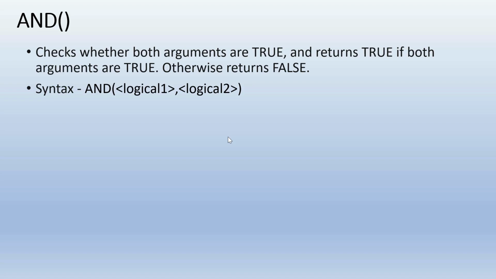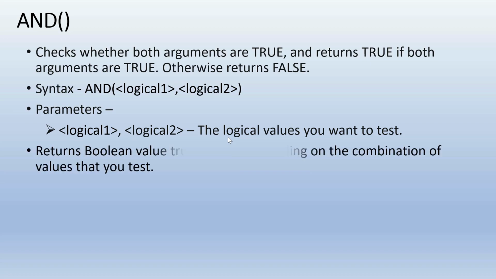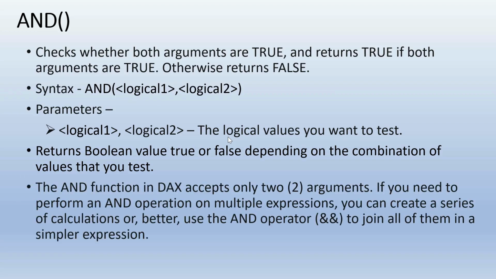Syntax: inside the AND function we provide two logical values, and these logical values are the ones which we want to test whether they are true or false. It returns a boolean value, either true or false.